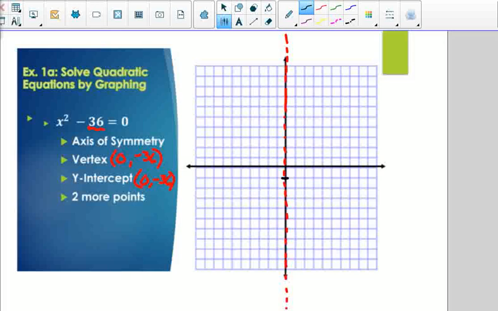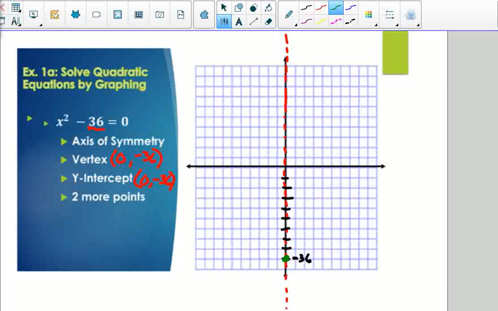So this would be a negative 4, negative 8, negative 12, negative 16, negative 20, negative 24, negative 28, negative 32, and negative 36. So if this is our negative 36, I'm going to plot my point here because that's my vertex.